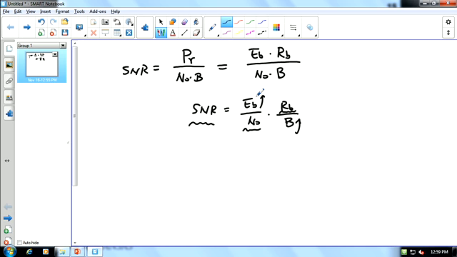Equivalently, we are giving more energy to each information bit, because we also need to allocate energy to the redundancy. So E_B is essentially the total energy divided by the total number of information bits.